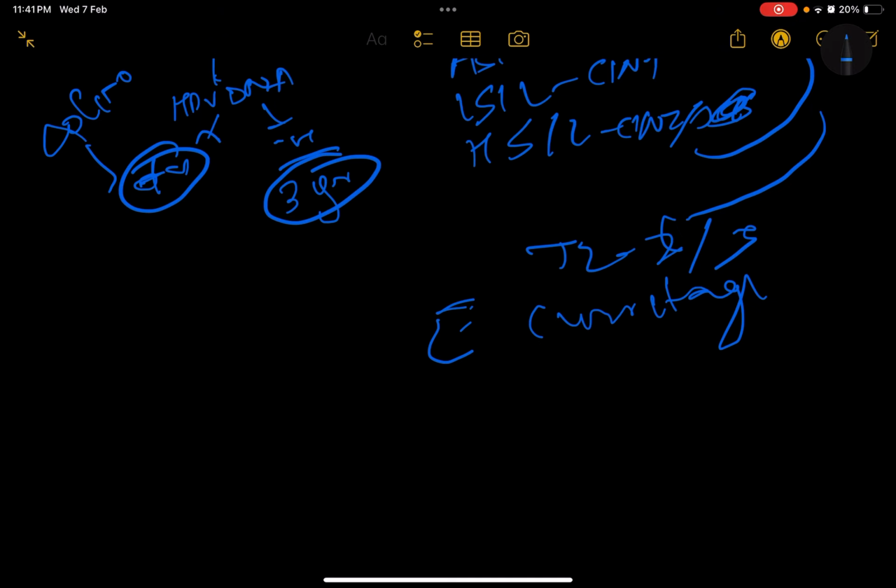Now, if your diagnosis is something like a cancer cervix, most likely it'll be an SCC. If it's an adenocarcinoma, pray to God, it has relatively poor prognosis, but nevertheless, we stage the cancer. Stage 1, 2, 1A, 1B1, 1B2, 1B3, 2A, 2B, 3A, 3B, 3C, 4A, 4B.